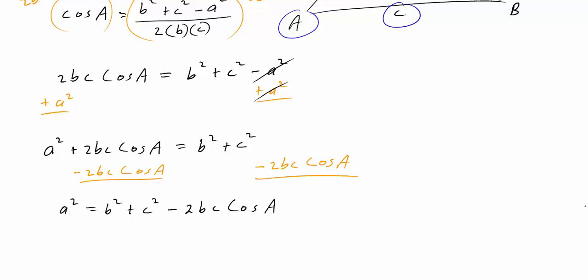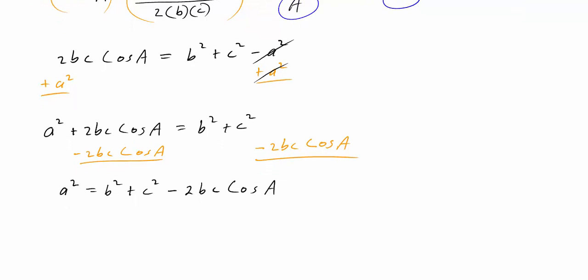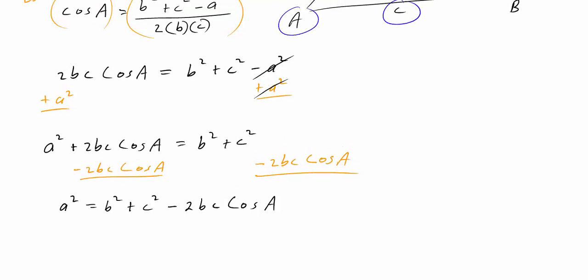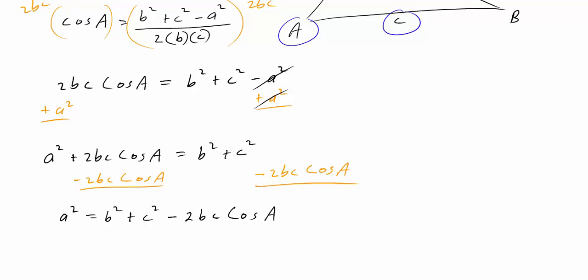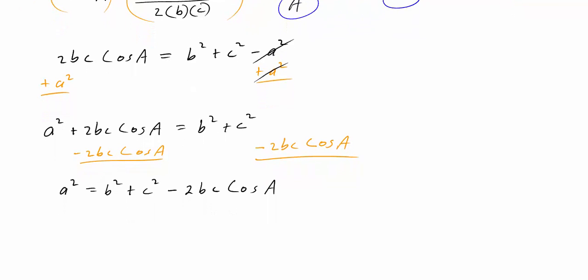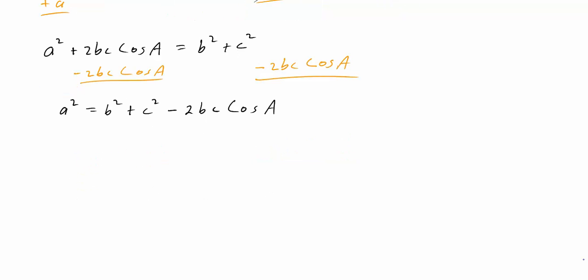So this is the form of the equation we want to use if we're looking for the side of our triangle using the law of cosines. The previous video showed us how we could find the angle if we're given the three sides, but if we're given side, angle, side, this is the formula we would want to use. I'll go ahead and list the others.